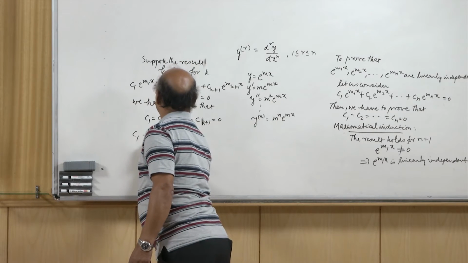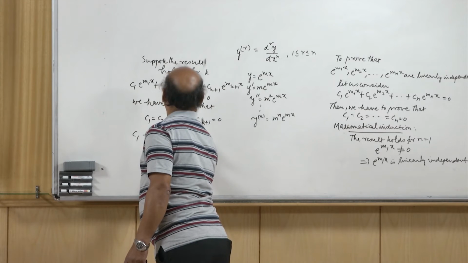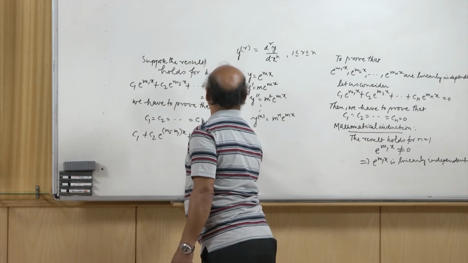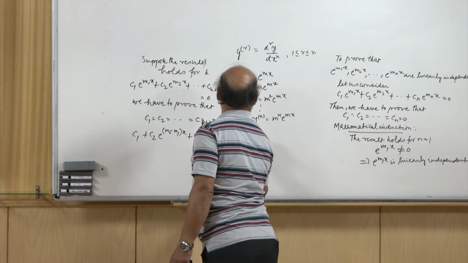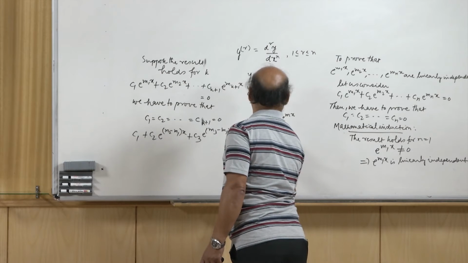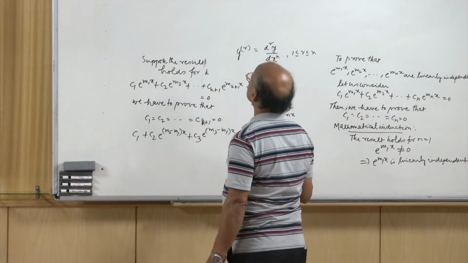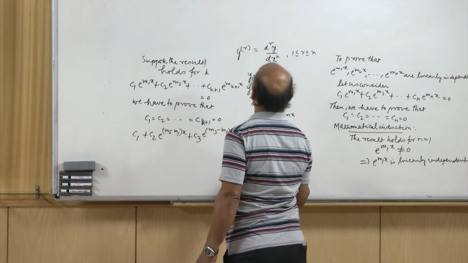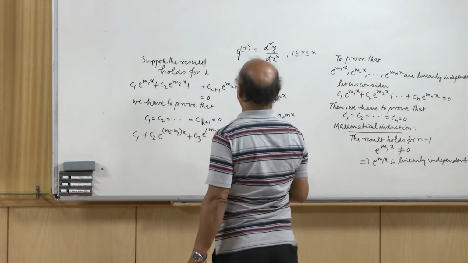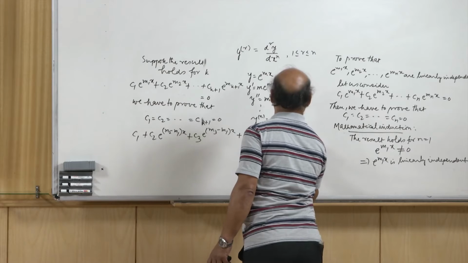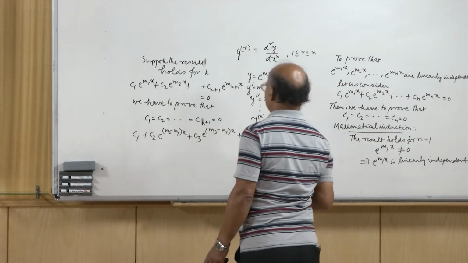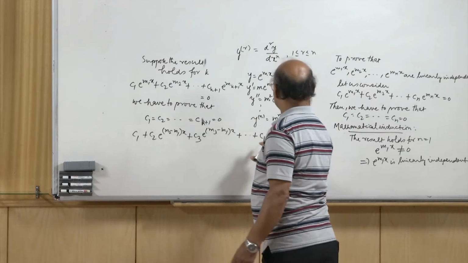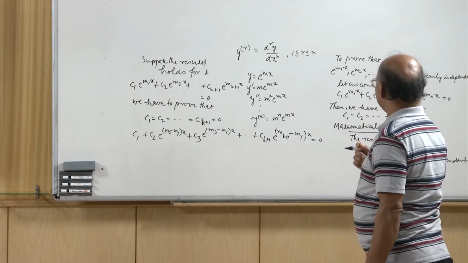So, dividing, we have C1 plus C2 e to the power (m2 minus m1) x plus C3 e to the power (m3 minus m1) x and so on, plus Ck plus 1 e to the power (mk plus 1 minus m1) x equal to 0.